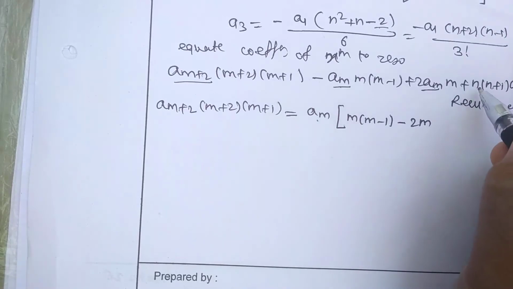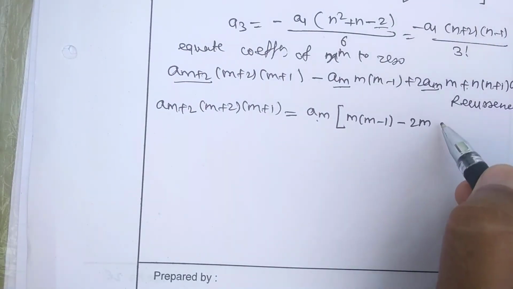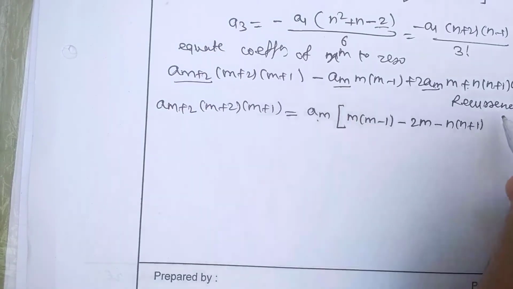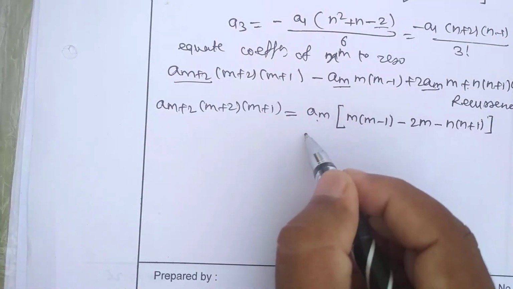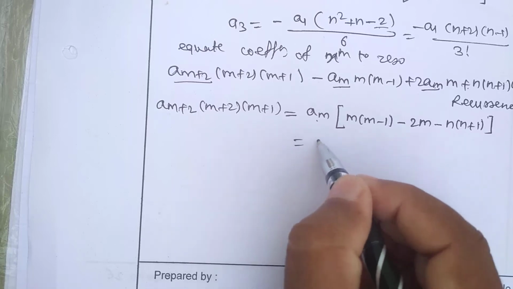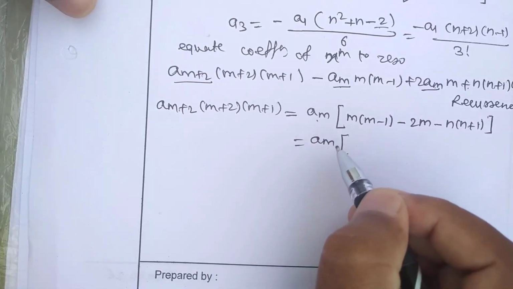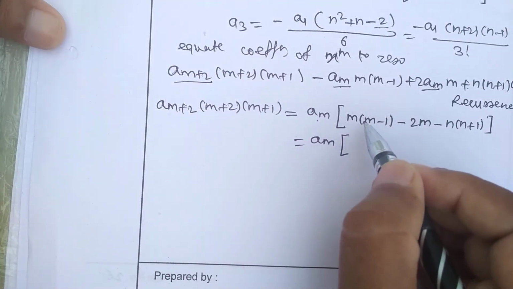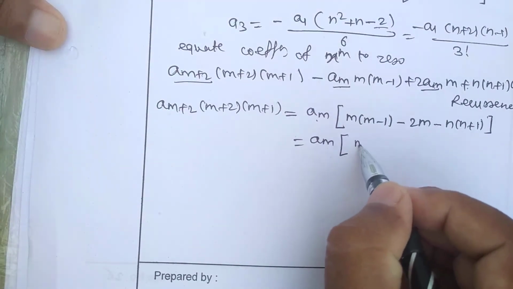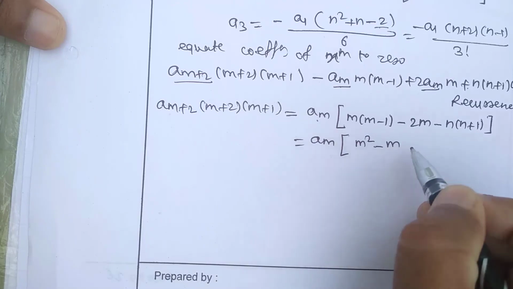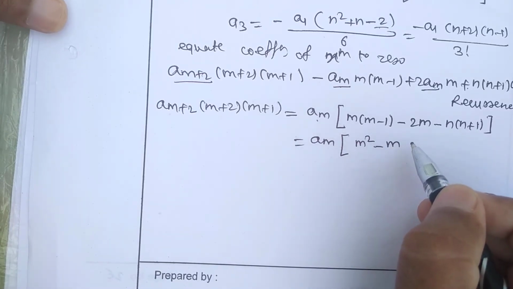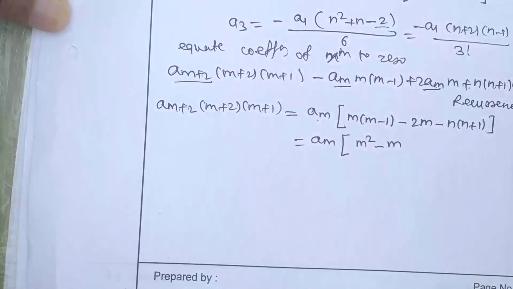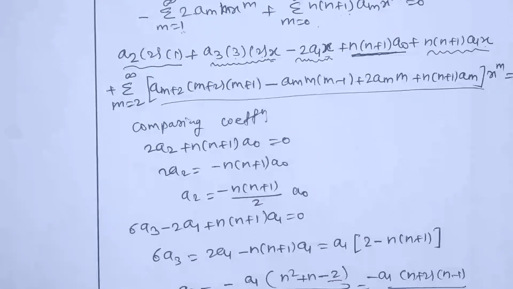Then this term positive becomes negative, in the right hand side it becomes minus n into n plus 1, am already taken common. Now this is equals to am into, we can write this as m square minus m actually.